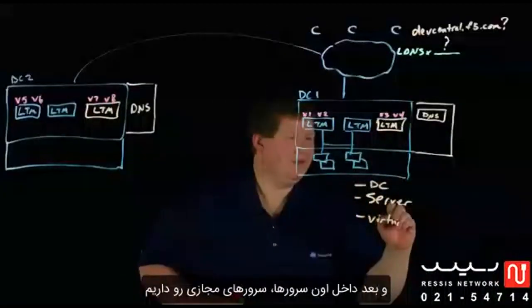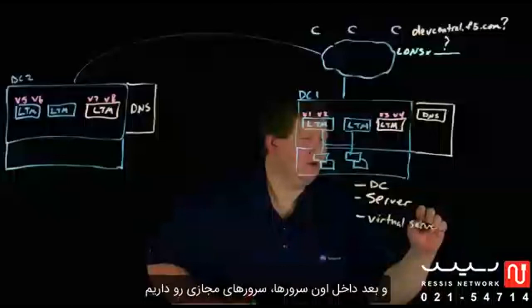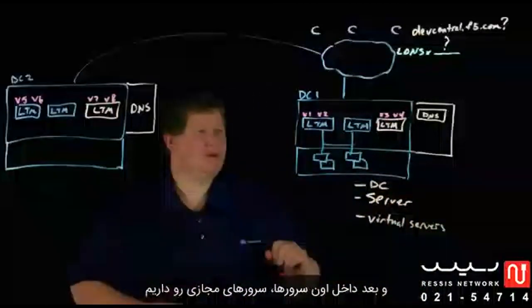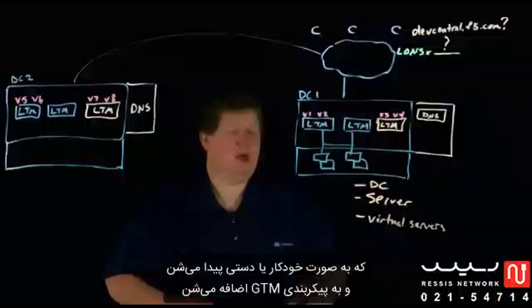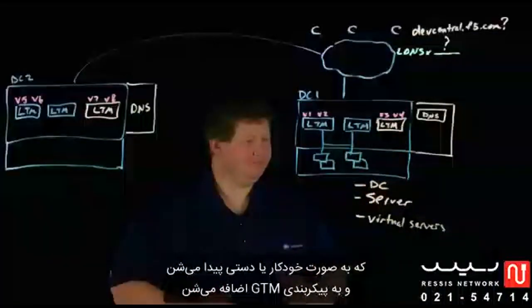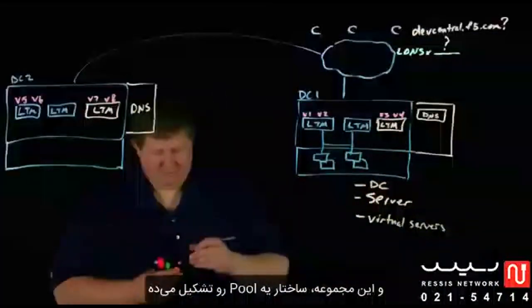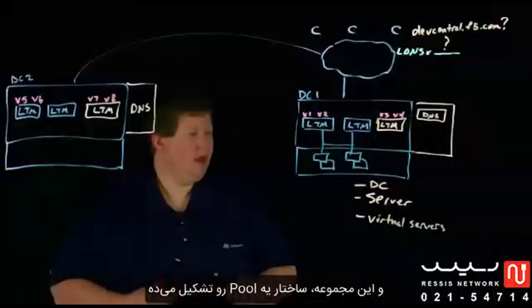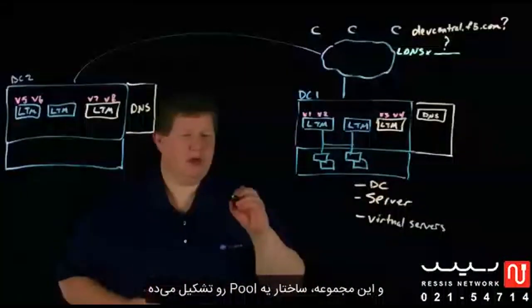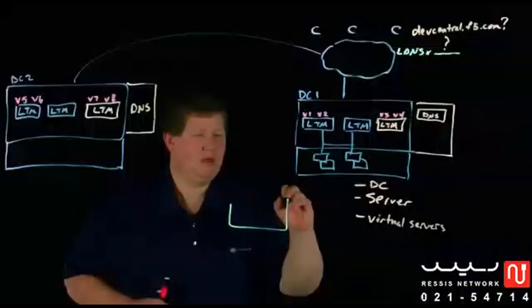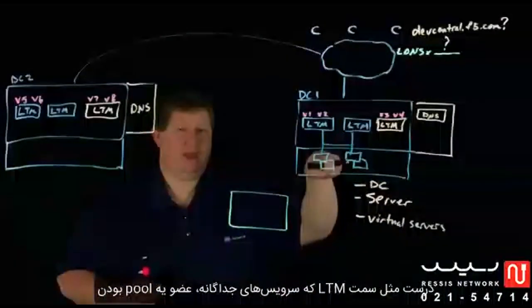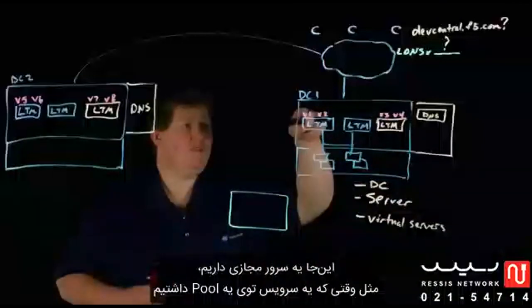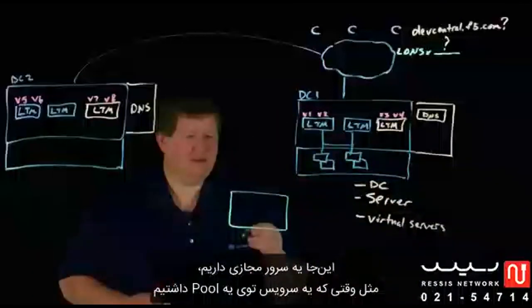And then you have virtual servers from those servers that will then be either discovered or manually added to the configuration for GTM. And then that becomes the construct for pool. Just like at the LTM level where you have individual services as pool members, here you have a virtual server as the service in a pool.